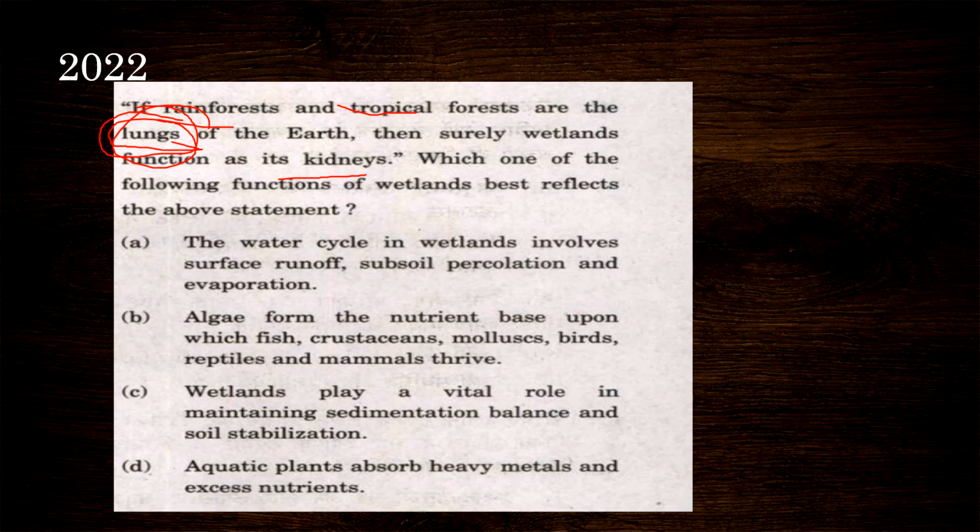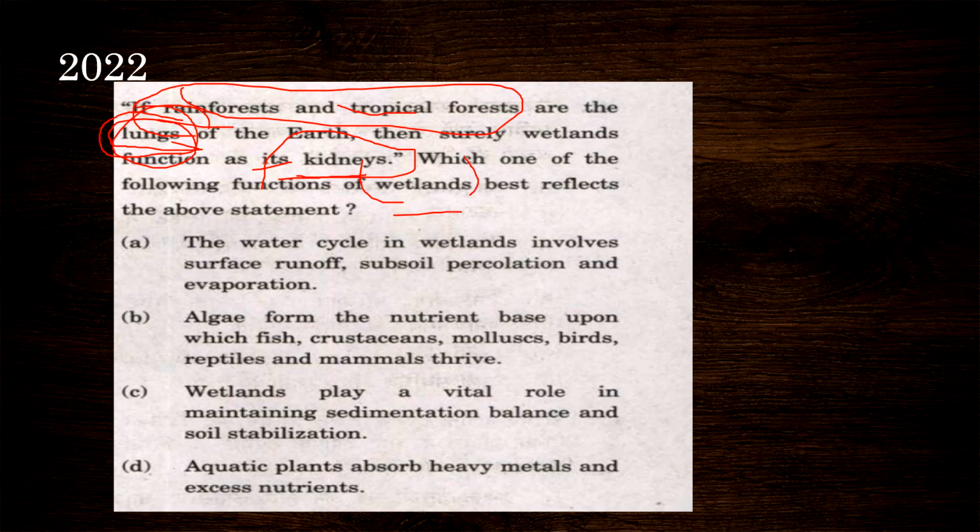Similar is the function of rainforests and tropical forests, because they help us in providing oxygen. So what is the function of kidneys? It removes excess waste from the body. So how do wetlands function in removing the excess waste from the wetland area or the nearby area?